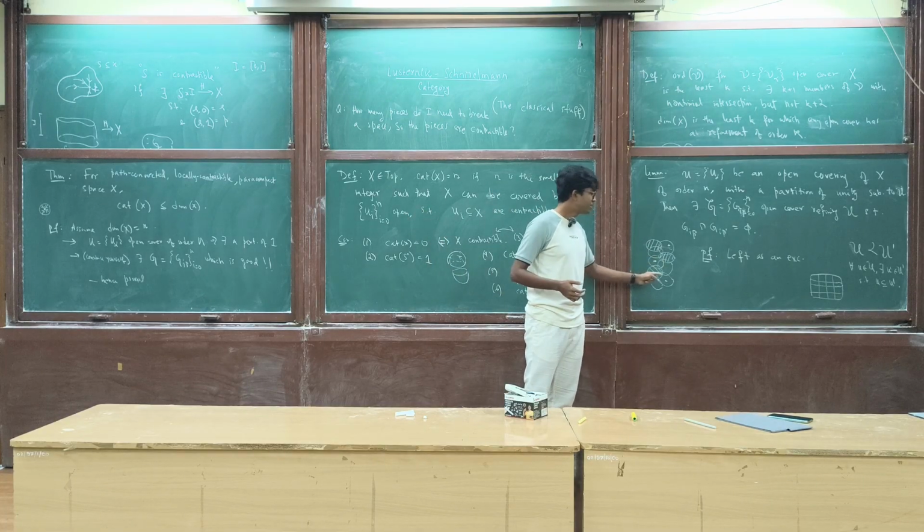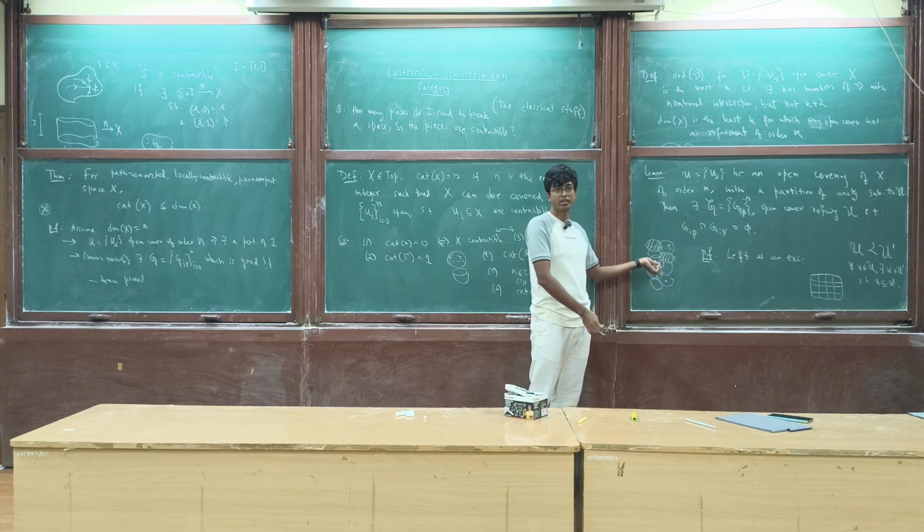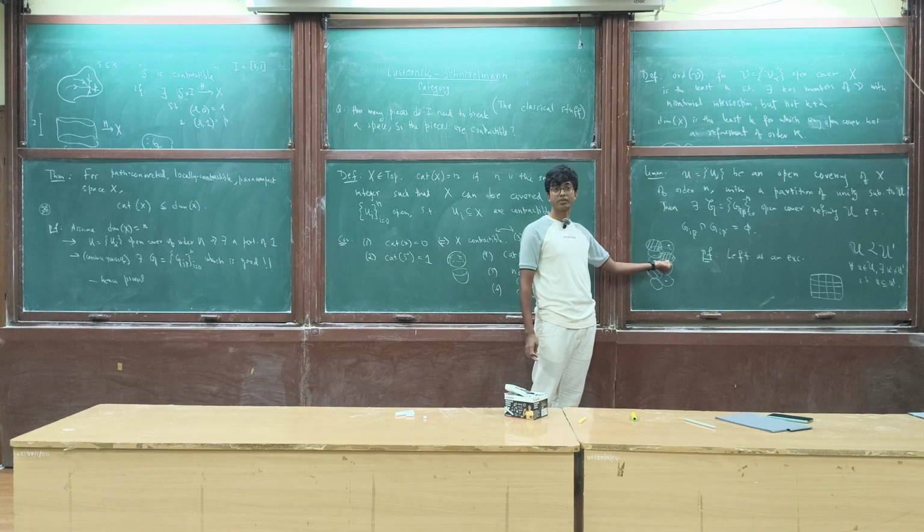Now each of these patches, you're right, the whole color shade is not necessarily contractible, but because of our choice of individual patches, we know that these individual patches are contractible to points inside the patch.